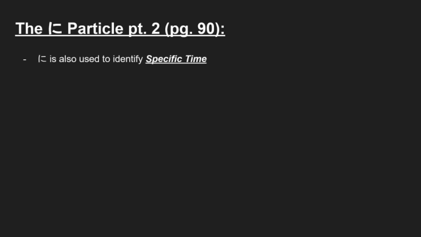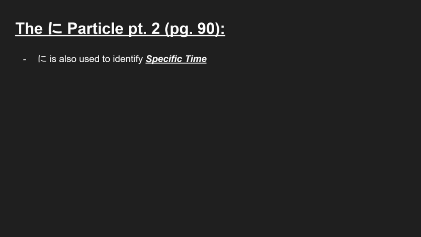So part two, ni. Ni is used with specific time. In this case, you don't really think of it as notating the relationship with a verb or anything like that. It's just what you do.